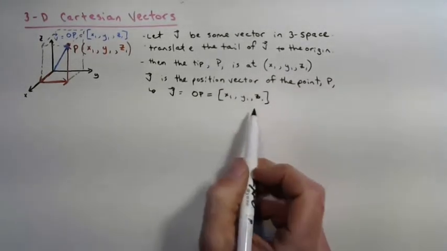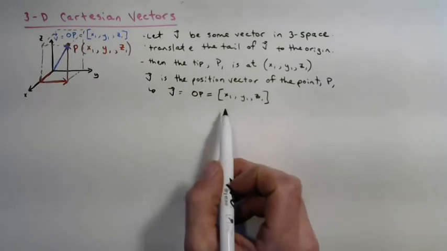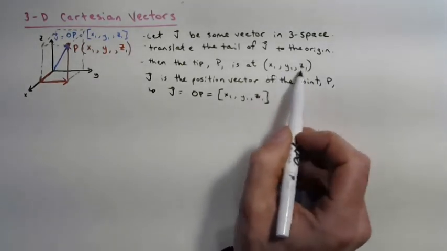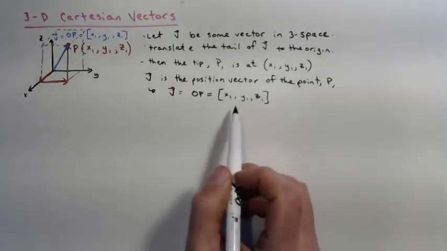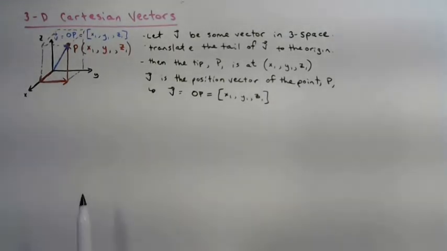Okay, this is generalized language. As we're doing it, we'll know where the point P is and what vector then represents it and where to plot it and how to plot it, etc.